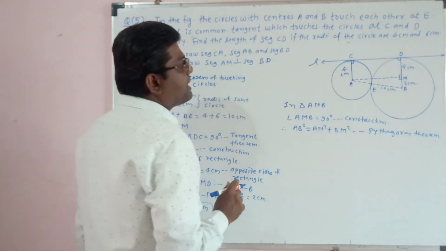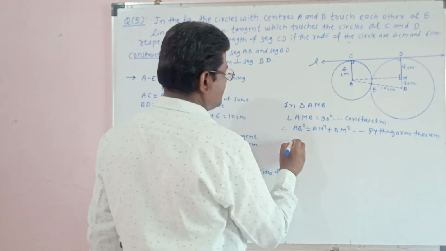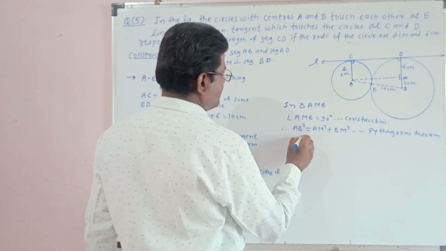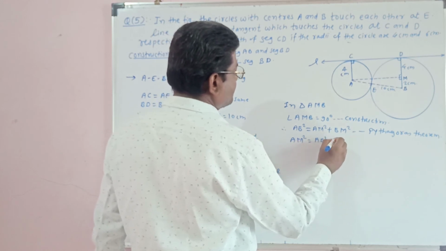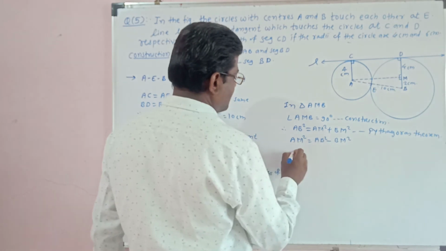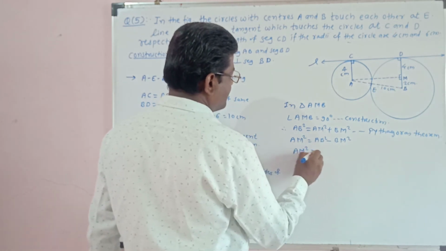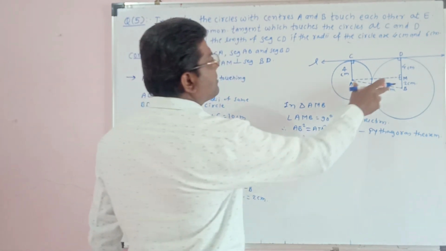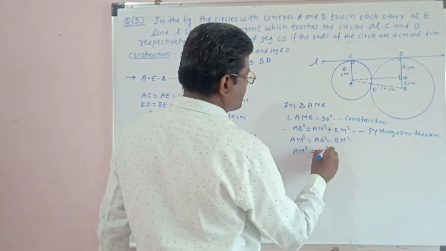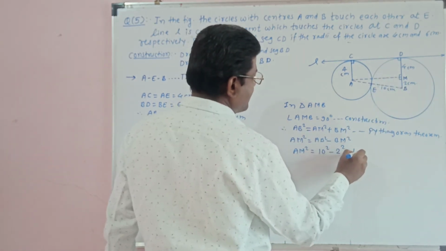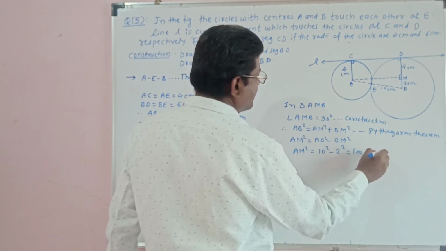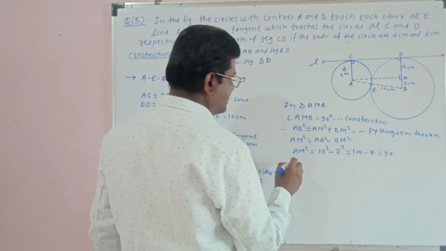Now we have to find the value of AM. Therefore, AM square is equal to AB square minus BM square, which is 10 square minus 2 square, that is 100 minus 4, is equal to 96.